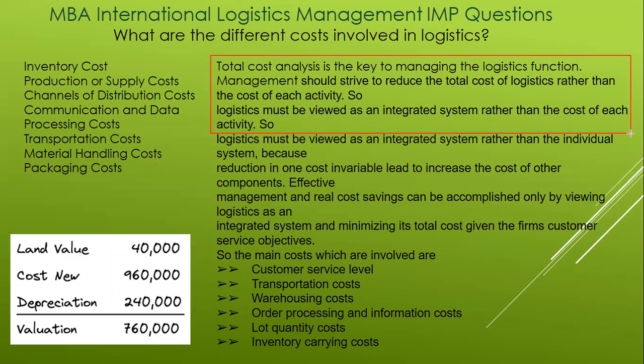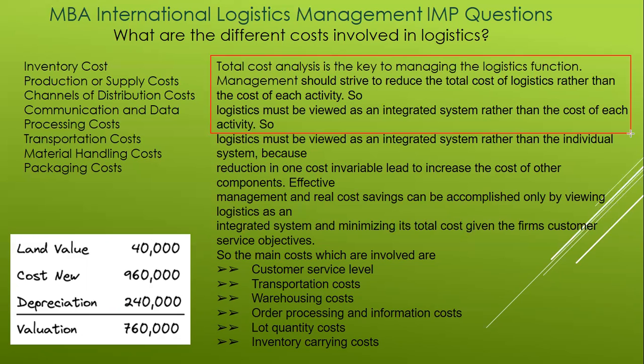First is inventory cost. Inventory cost is the cost of managing the storing of finished goods. It occupies space, manpower and information technology, so this cost also needs to be checked.